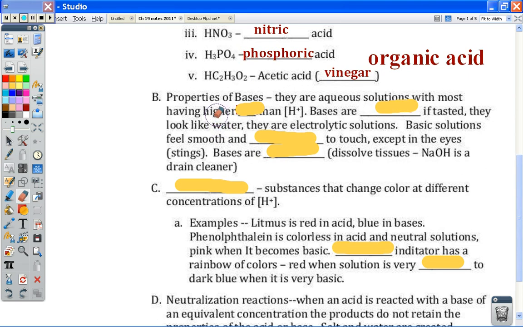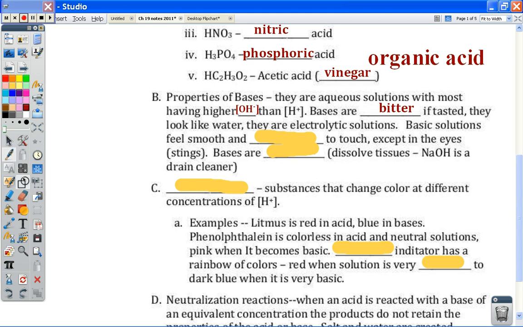Most of them have a higher concentration of hydroxide than hydrogen. Bases are bitter if they're tasted. They look like water, and they are electrolytic solutions. I want to make sure that we get this.